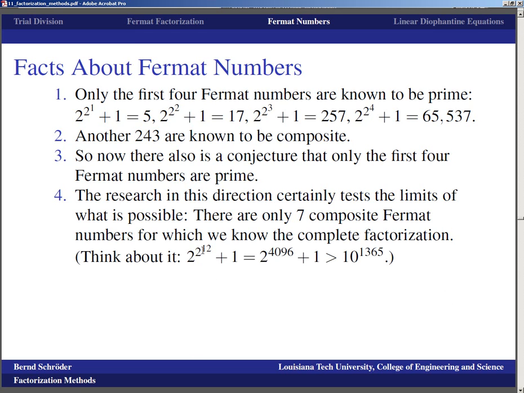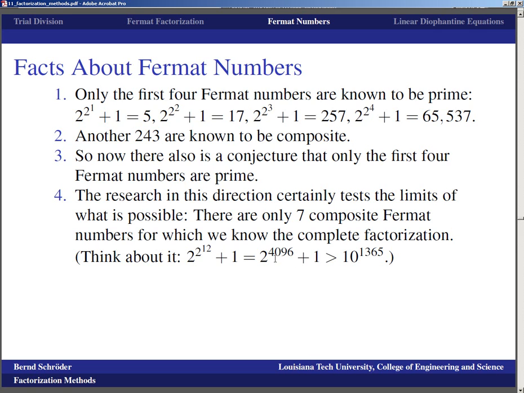If we're looking at the 12th Fermat number, that would be 2 to the 2 to the 12th plus 1. Well, 2 to the 12th would be 4,096, and the way I always cue off of that is that 2 to the 10th is 1,024, and then times 4 would be 4,000 something, 4,096 in this case.